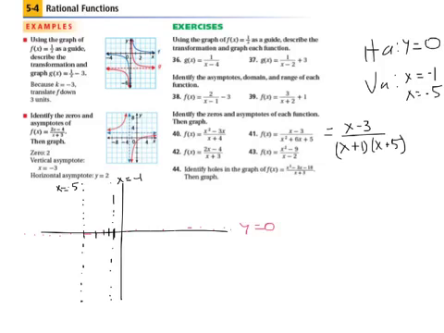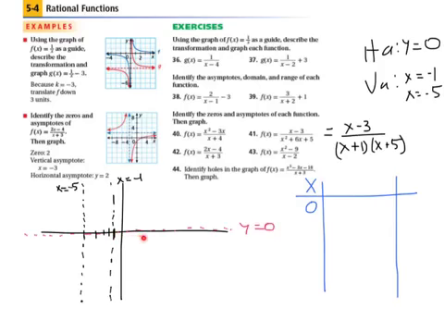So again, I'm going to pick different x values, solve for their y's, and plot them. I'm going to start with, say, 0, because it's to the right of this vertical asymptote. I'm trying to determine, does my graph ride like this? Does it come up and hit here?